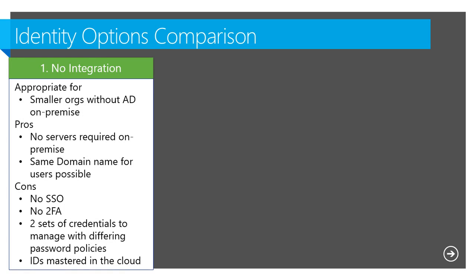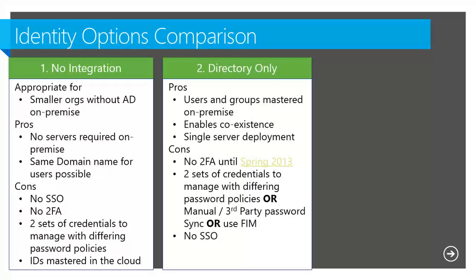The positive is that it's super easy to get started, at least initially, for a small number of users. And it is possible to have the same domain name, so users' usernames are the same, but they may have a different password. It's simple, not ideal, but that's one option.